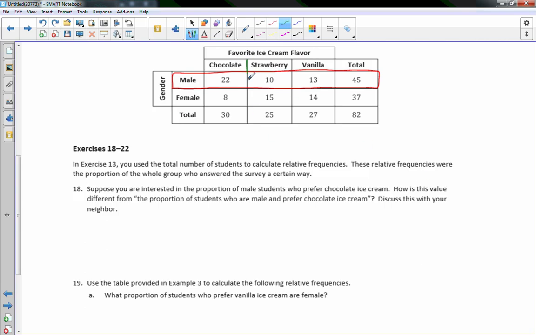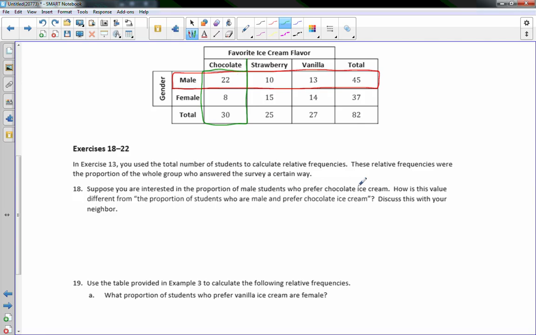That's our total now. So that would be here. How many males prefer chocolate? So the total chocolate is 30. Before we were saying, of the total males, how many preferred chocolate? Now we're saying, of the males who preferred chocolate. There's the difference.